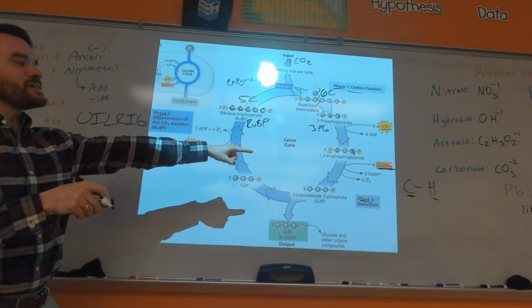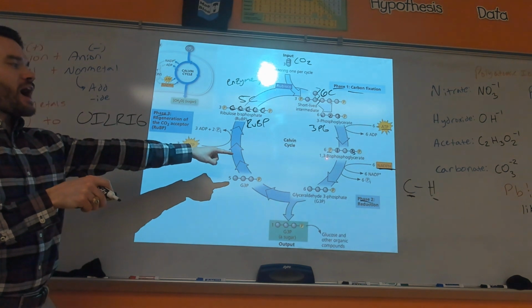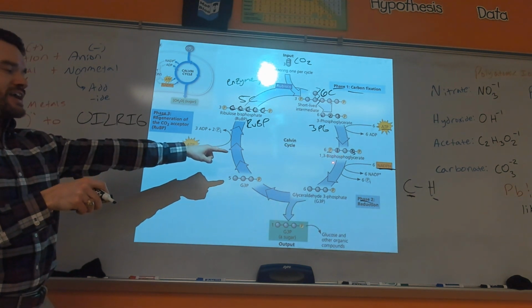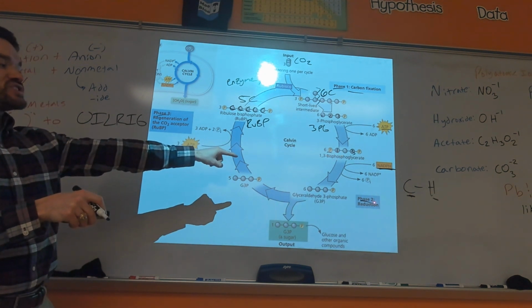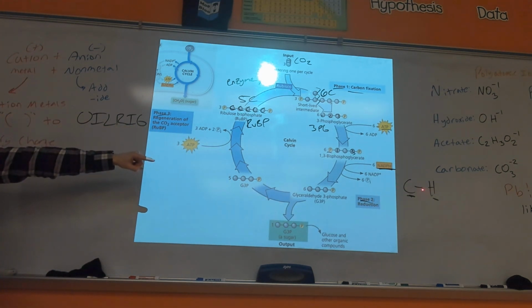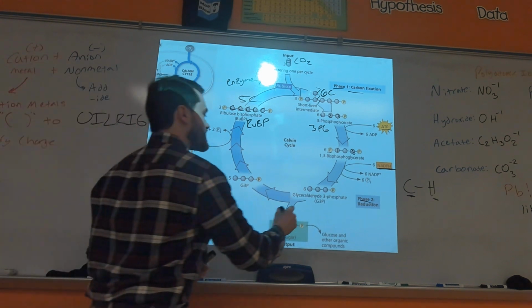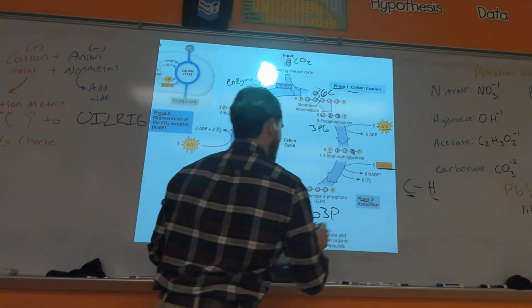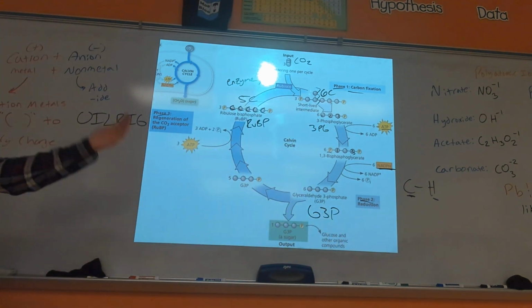The H of NADPH is going to get attached to our 1,3-bisphosphoglycerate in a reduction reaction, right? The gaining of electrons by adding the carbon to hydrogen bonds, and that's going to make G3P. And G3P, that is the output of the Calvin cycle. Okay, G3P is what we're making.